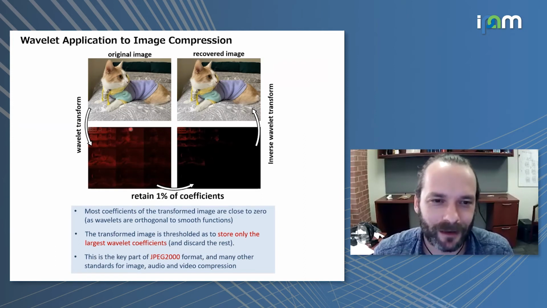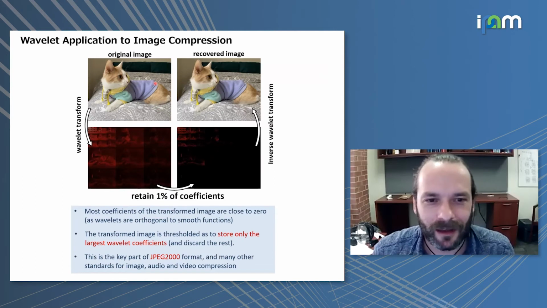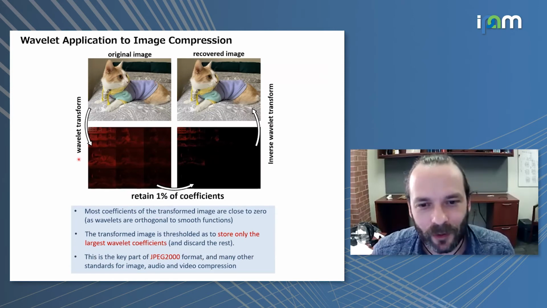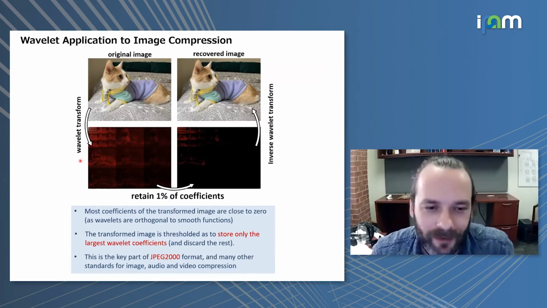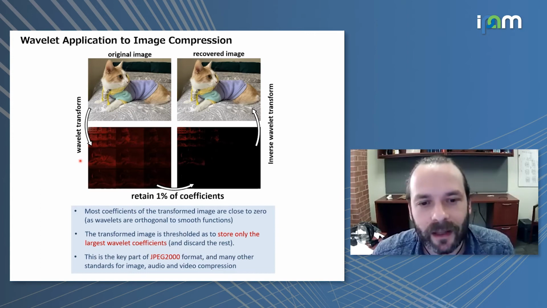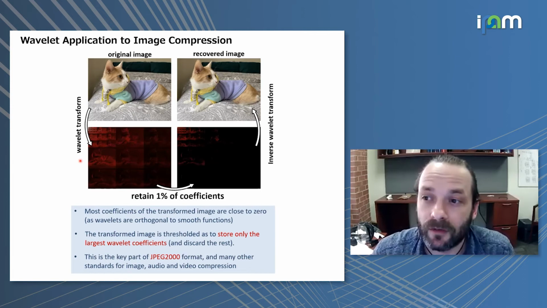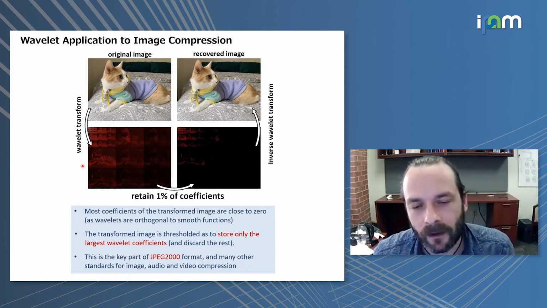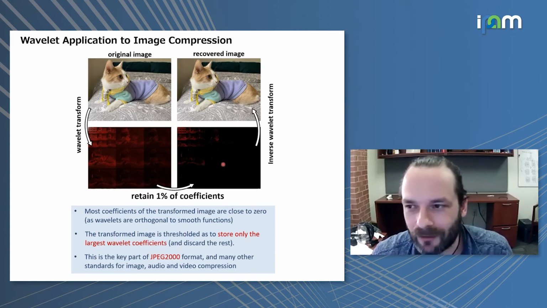So I have my original image, and I transform it into a wavelet basis. As we said, if the image is relatively smooth in most places, then most of the wavelet coefficients will be very small or close to zero. So I keep only a small number of the coefficients and throw away the rest.